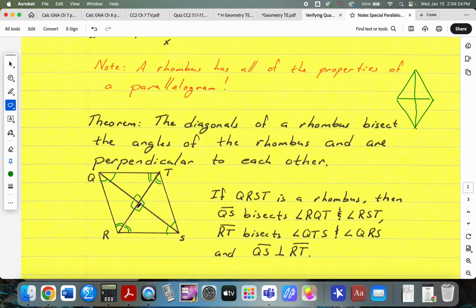It can be hard to see that these are right angles when this is at an angle like that. But if you turn it like this, it's really easy to see that those are right angles. And it's also really easy to look at it and go, yeah, these two angles look like they're the same size, and these two angles look like they're the same size. It's just an easier way to look at it, but they're almost always drawn this way.